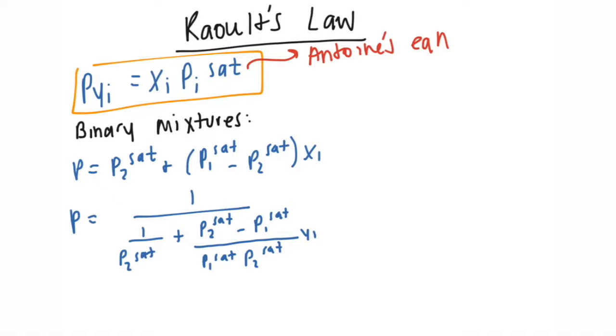Also, here, when I'm talking about binary mixtures, which is the key to this class, if I have hexane and toluene in a jar together, let's say, and I ask, what is the bubble pressure of this system, this equation is going to tell you that. So if I say, what is the bubble pressure, then you're running to this equation.